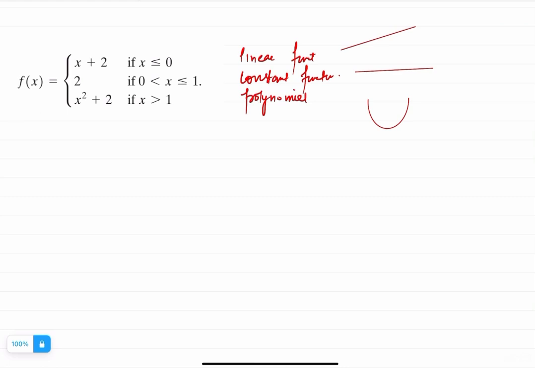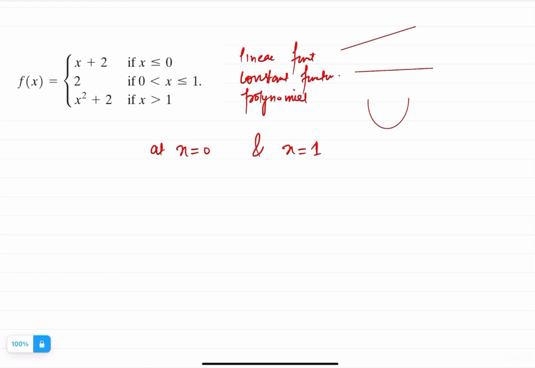But we need to check continuity of these pieces at x equal to 0 and x equal to 1. If I talk about them individually, they are continuous, but we have to check if the pieces as a whole function are continuous or not.